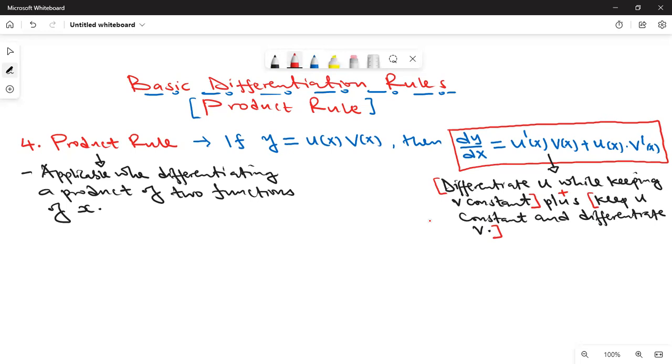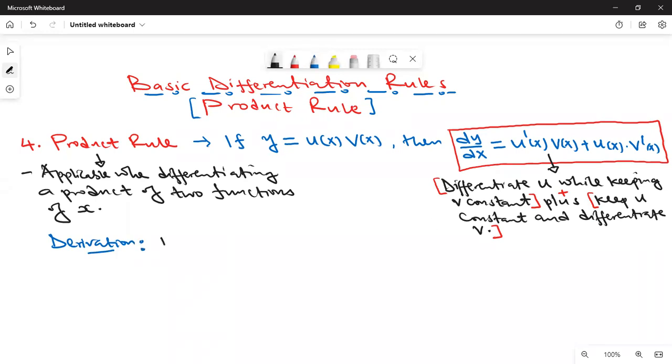How do we derive this formula? Before we use it, let us see how to derive that formula. So we will write here derivation. Of course, we are going to derive this from the first principle.